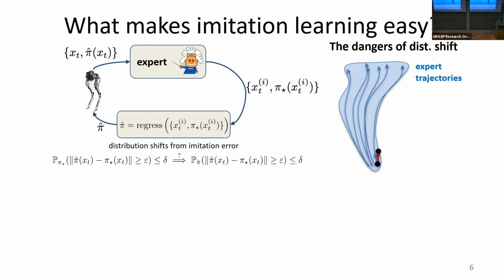I end up here, we do this again, this is what the expert would do. I have a little bit of error and it actually kicks me outside of my training data. So now, while the expert would do this, the error that I incur is even larger. Now I'm really far outside of my training data. So whereas this is what the expert would do, my system just goes haywire and blows up on me. So this is actually what happens with imitation learning and why it's not used very frequently.